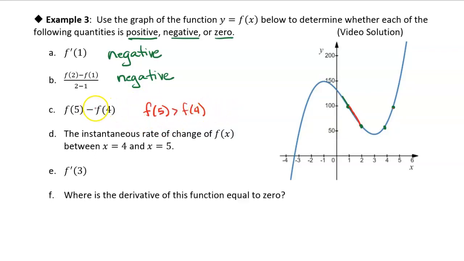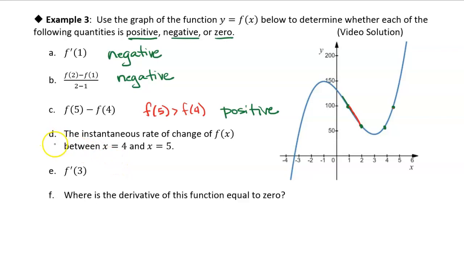So if I take something greater and just subtract something smaller, then I'm going to get something positive. So this is going to be positive, which makes sense. The change in the function from 4 to 5 is positive, right? It's getting larger. The value of the function is getting larger, so I'm taking a larger value minus a smaller value, getting something positive.